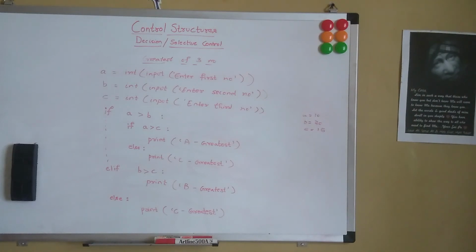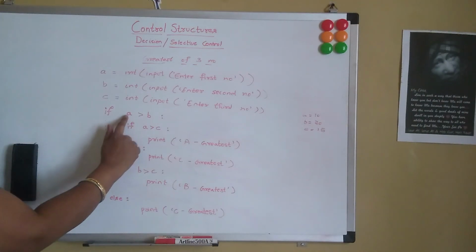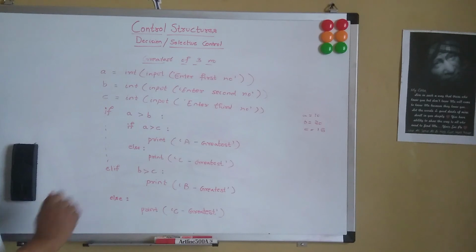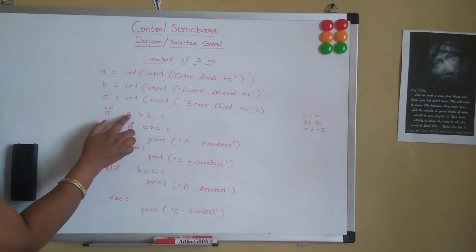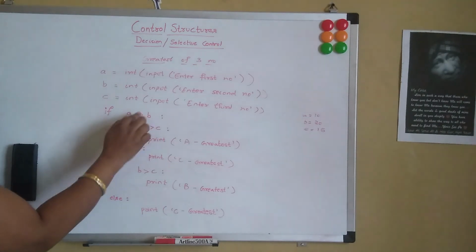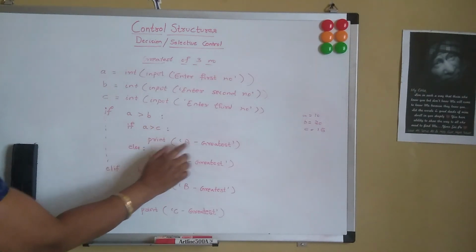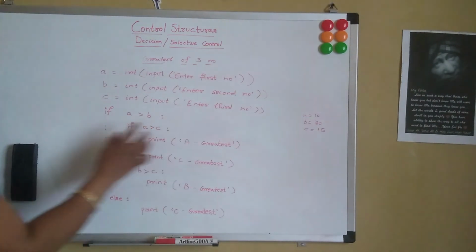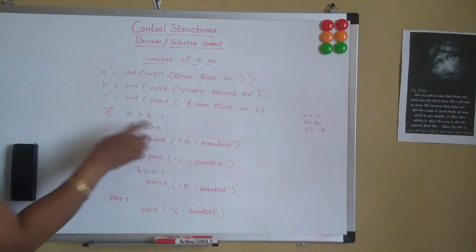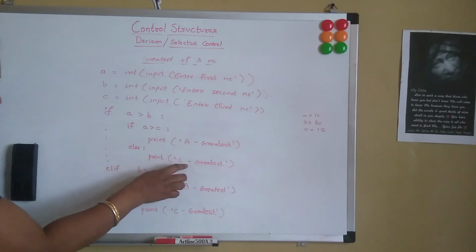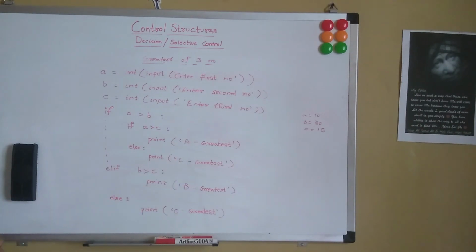So basically here friends, initially it checks if A is greater than B, and again in another if it checks if A is greater than C. Since A is greater than B and A is greater than C, it will print A as the greatest. Now if A was greater than B, but A is less than C, then C is greatest will get printed.